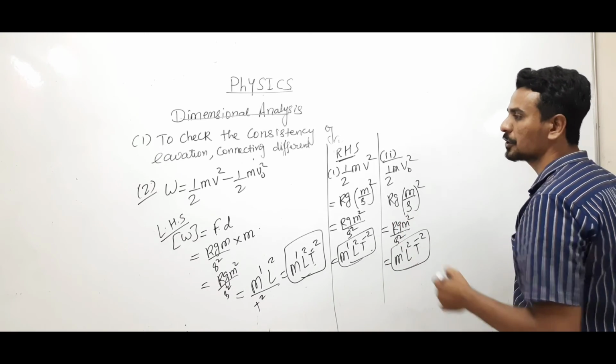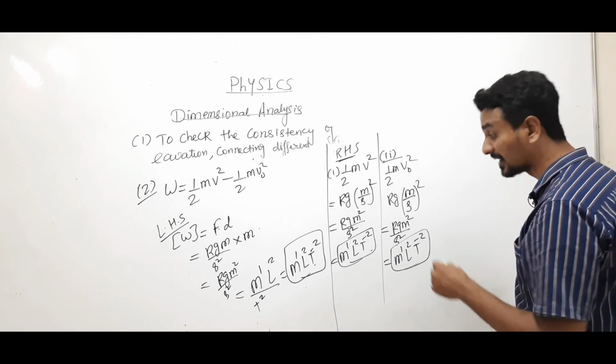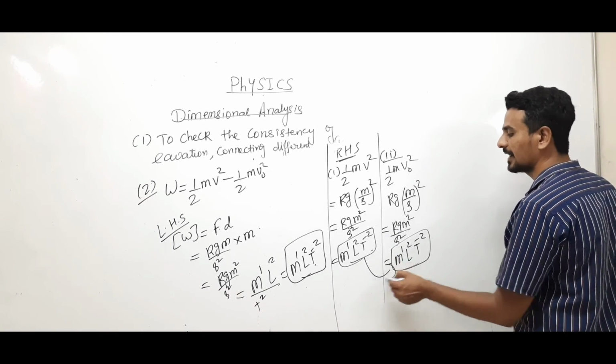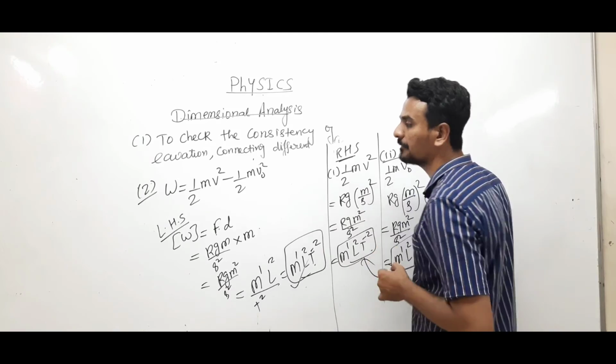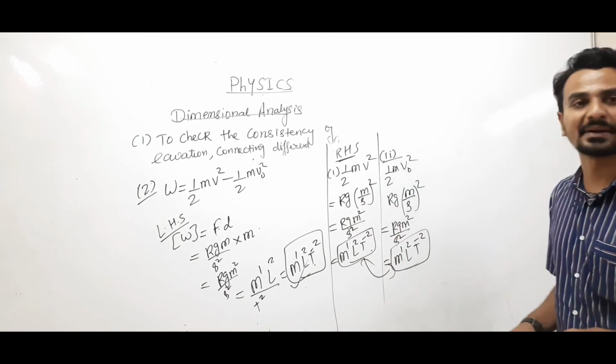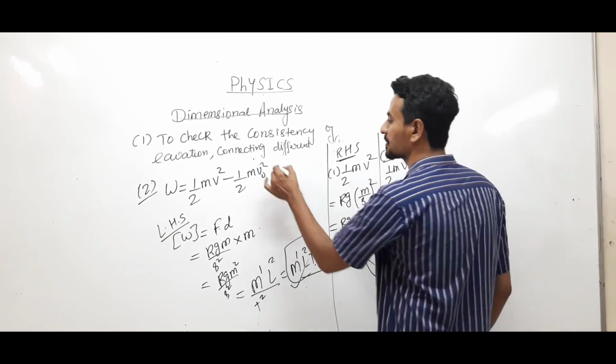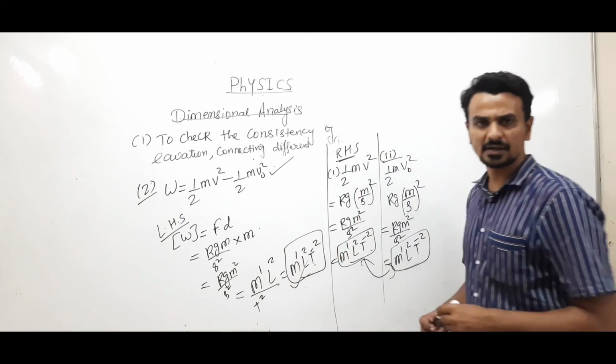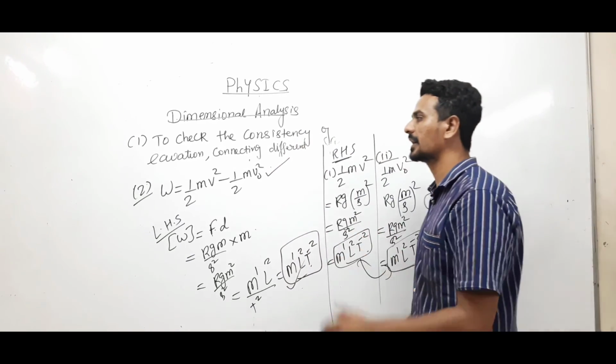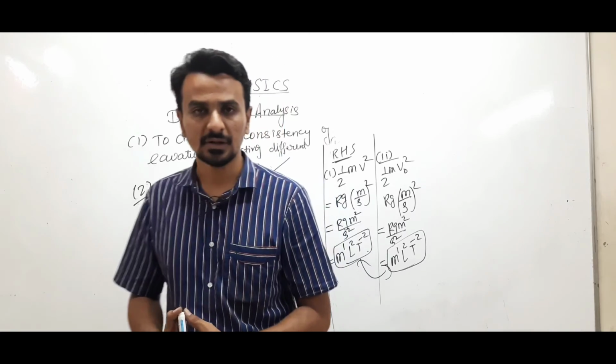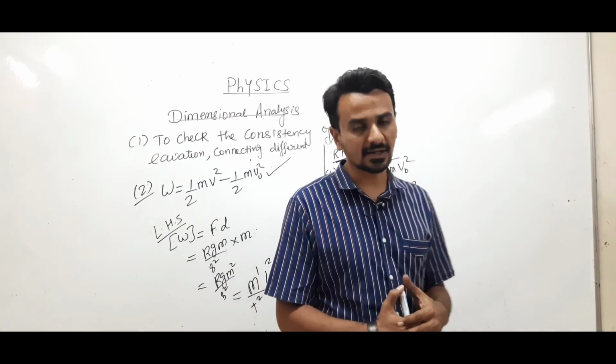So the dimensional formula of both the parts of RHS is equal to the dimensional formula of LHS. So the equation is dimensionally correct. That means this relation is correct. Clear? So this is how we check whether an equation is dimensionally correct or not. Now we will switch to another application in the next video.